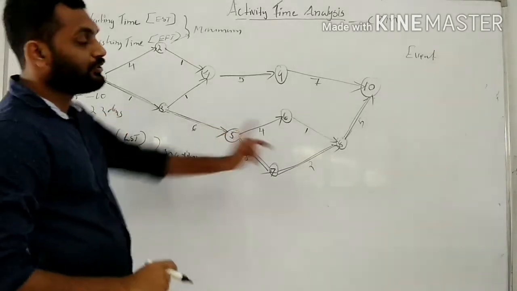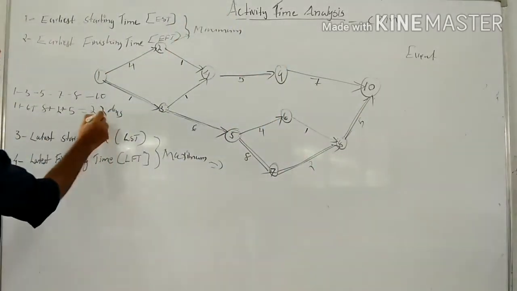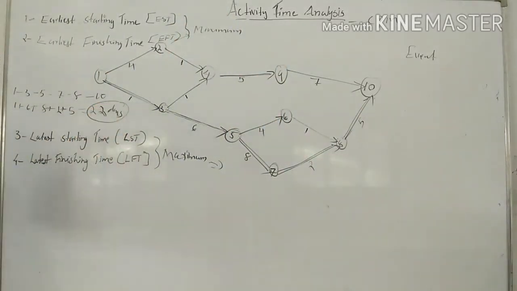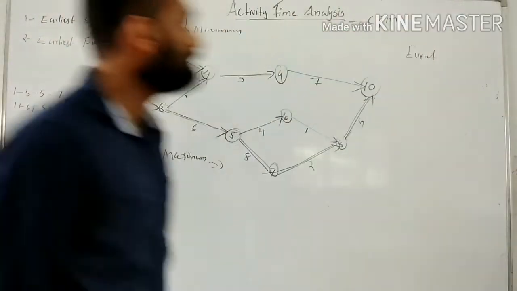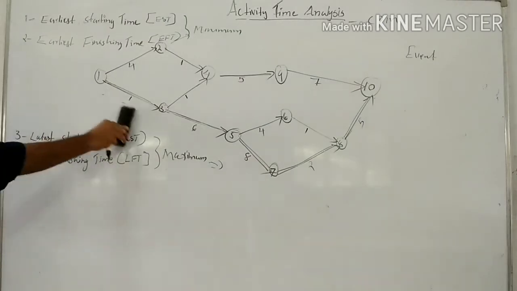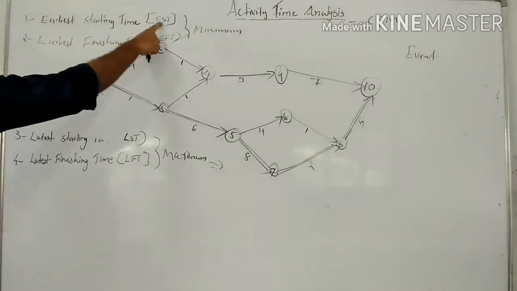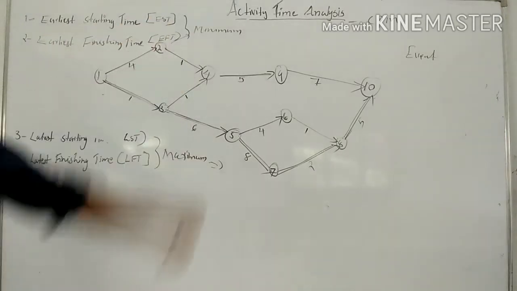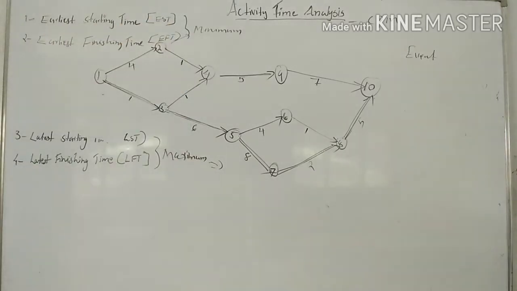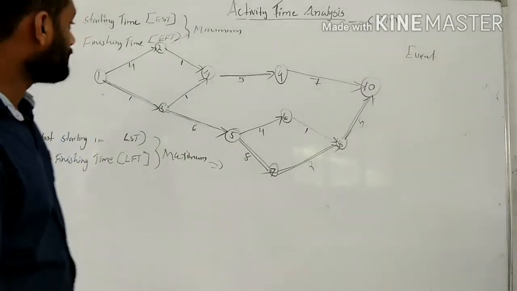So the critical path duration is 22 days. So let us look at how to calculate EST and EFT, or the minimum time to start and finish an activity.